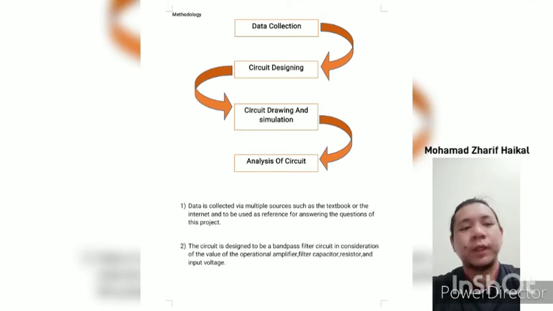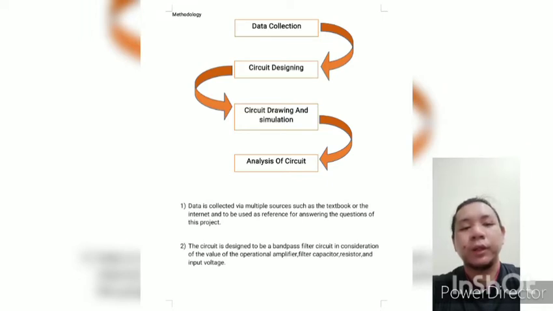Okay, so next is the methodology of the project. The methodology starts with the first part, which is data collection. Next is circuit designing. Third is circuit drawing and simulation, and finally the analysis of the circuit. For the data collection, data is collected via multiple sources such as textbooks or the internet, to be used as reference for answering the questions of this project.